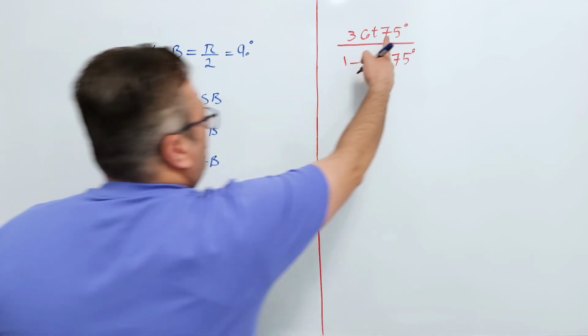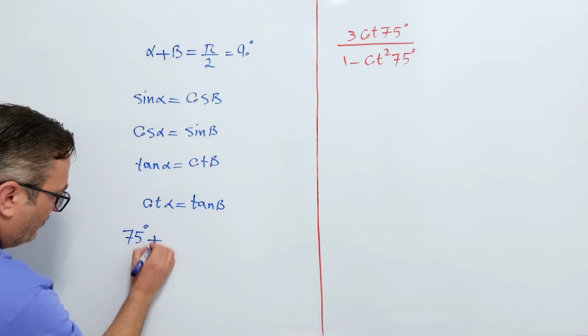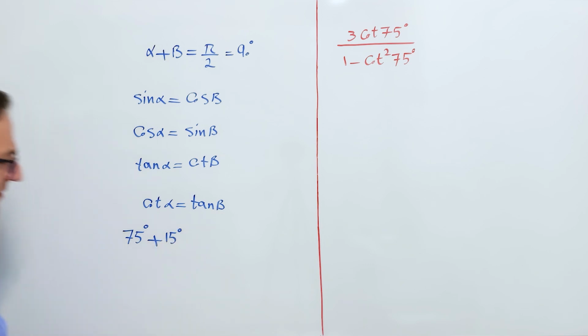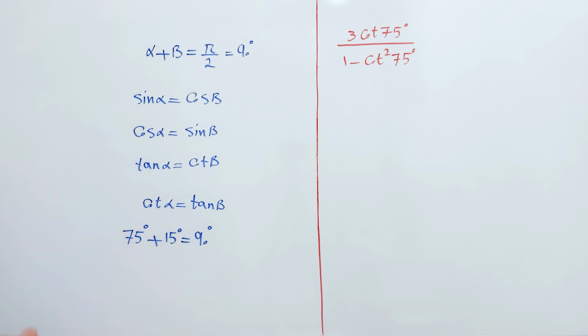So we know that 75 degrees plus 15 degrees is equal to 90 degrees.